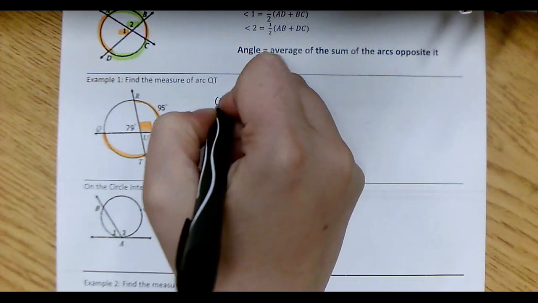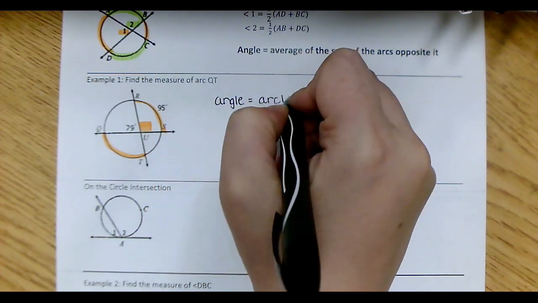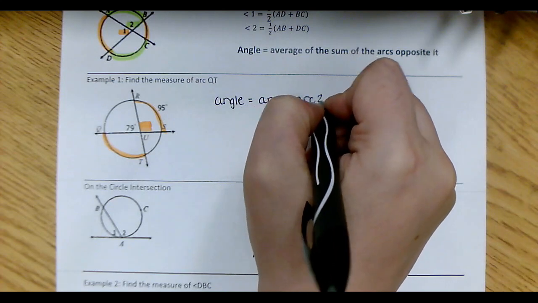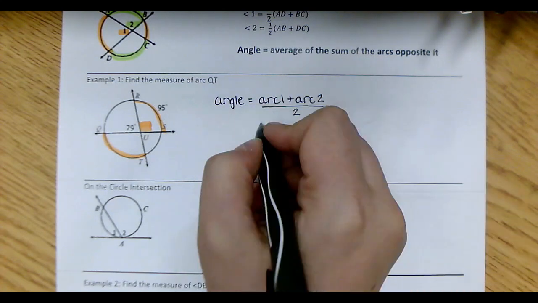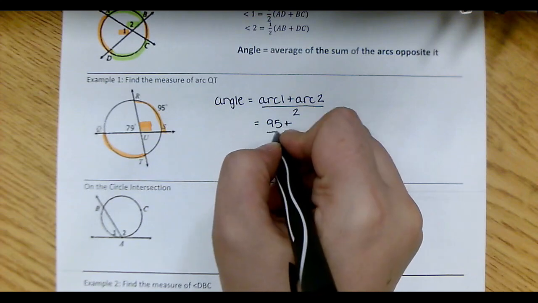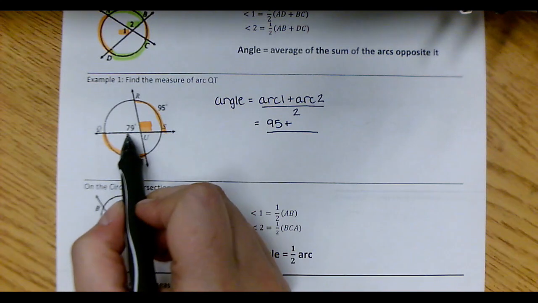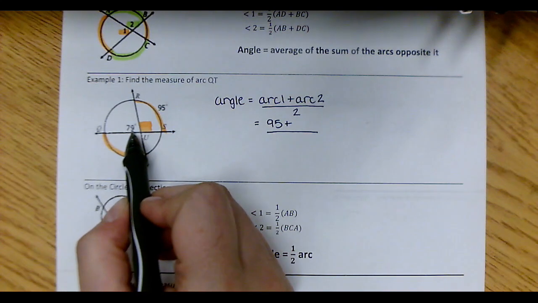So if we're doing our angle equals one of our arcs plus the second arc divided by 2, right now we just have one of our arcs. But if you look, I have this 79-degree angle on the other side of the angle we were looking for.